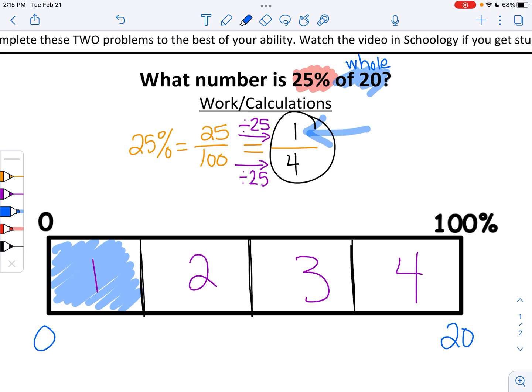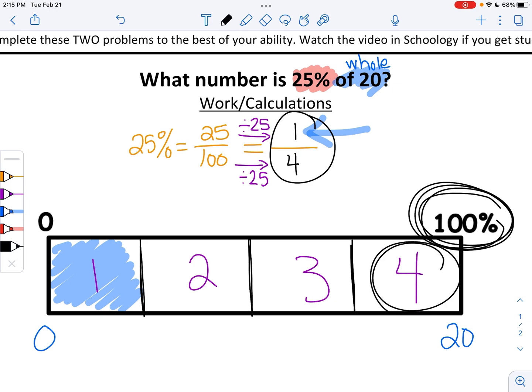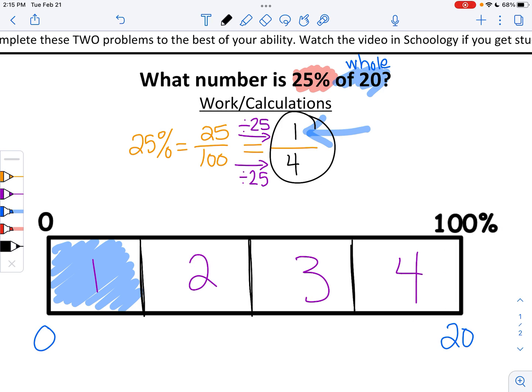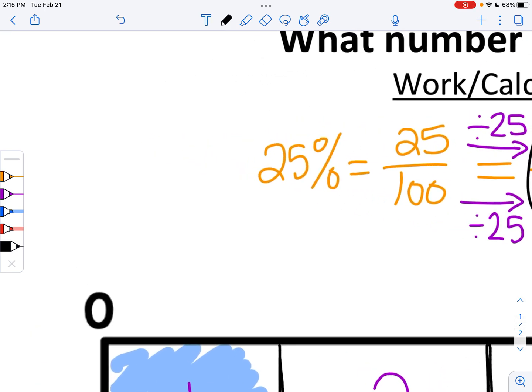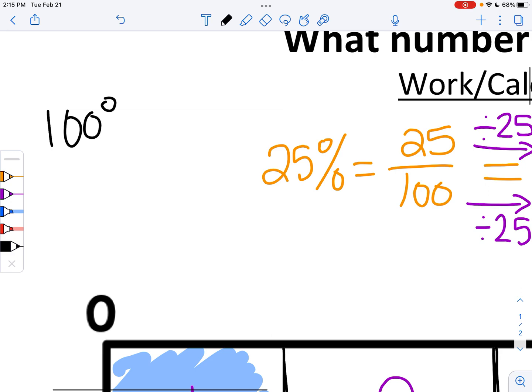Okay, now I need to figure out what number is going to go right at the end on the bottom. All right, so to do that, I need to get percents on the top and the numbers on the bottom. So 100% is the whole bar, and the whole bar got broken into 4, which means the next calculation we're going to do is 100% split into 4 equal parts.